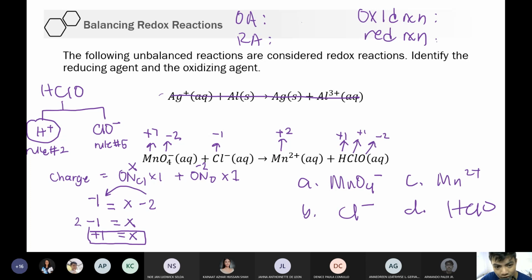Nasagot nyo. Ano yung OA-RA, oxidation reaction, reduction reaction? Okay. I just use the concept of Leo-Ger. Now, anyone, dali, para matapos na ang ating class.